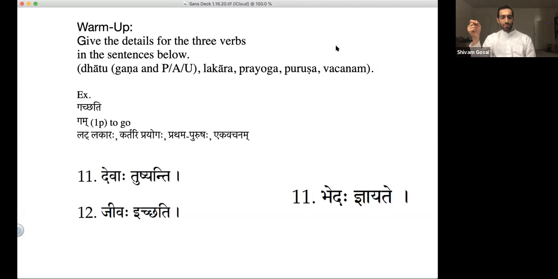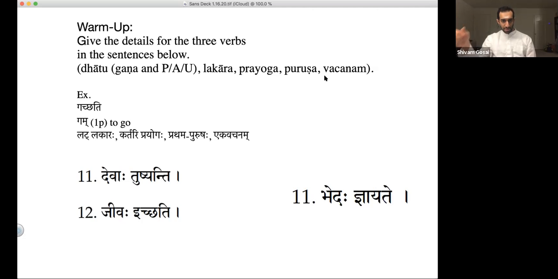Number 12, ichchati. Ish dhatu is 6p. It means to desire or to wish. We're in present tense, lat lakara. We're in active voice, kartari prayoga, because we see parasmaipada.